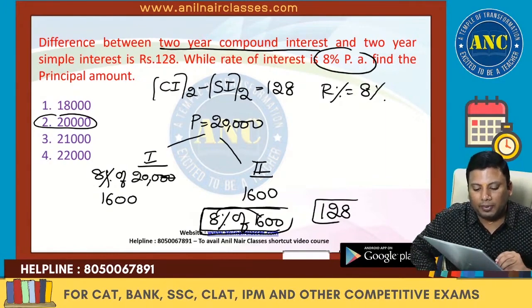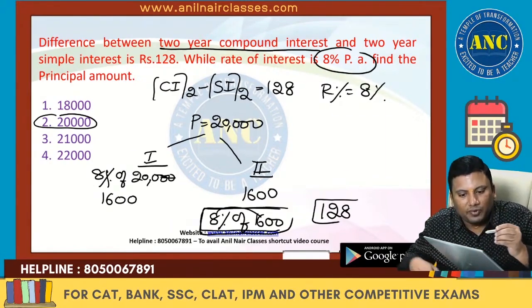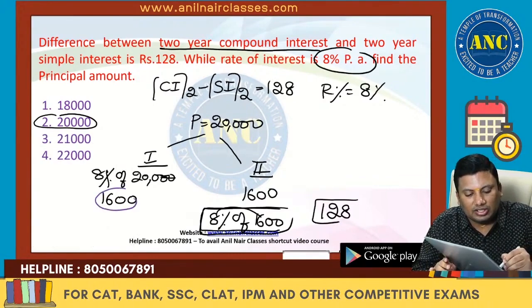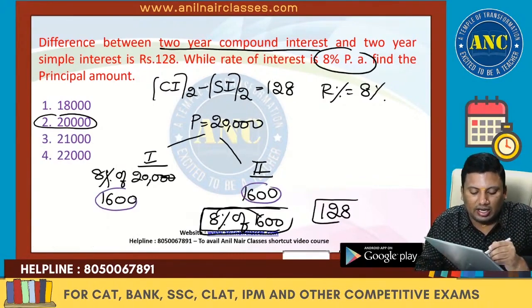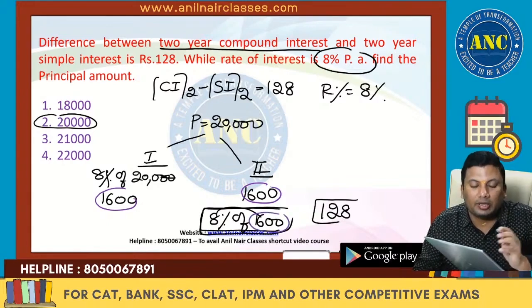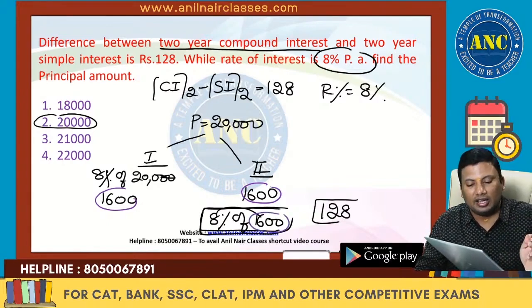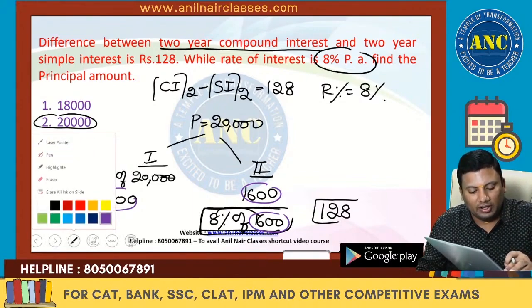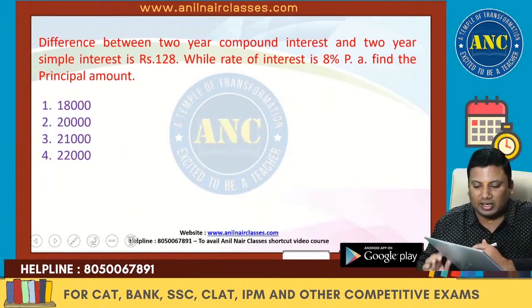So how am I picking it? Now see here, this value, this 1600, is nothing but 8 percentage of 1600. I hope it is clear. Now, on what basis did I pick?